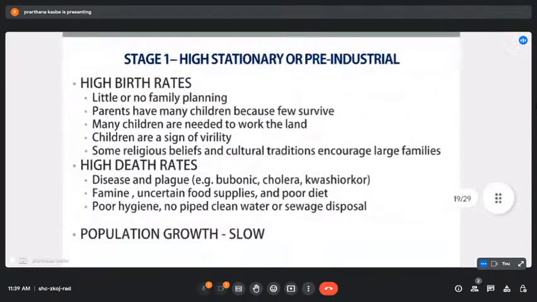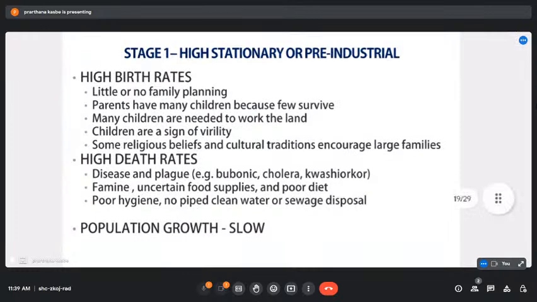So here the first stage. The first stage, high stationary or pre-industrial stage. What happened in the first stage? म्हणजे असे काय कारण होते की बर्थ रेट हा वाढलेला होता आणि डेथ रेट सुद्धा वाढलेला होता. In the first stage, there is little or no family planning.